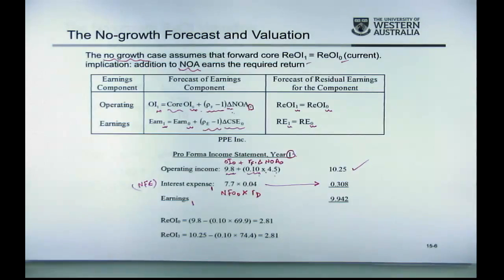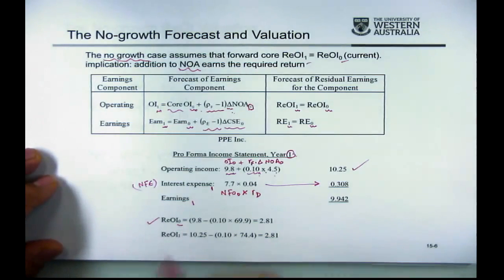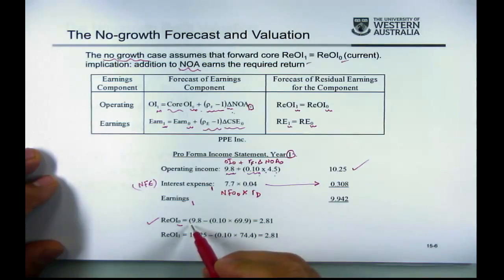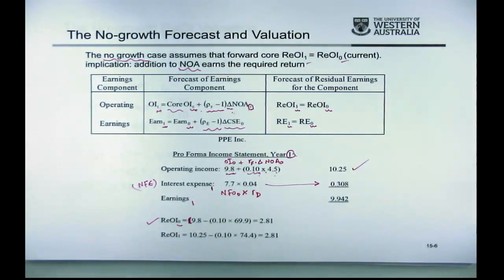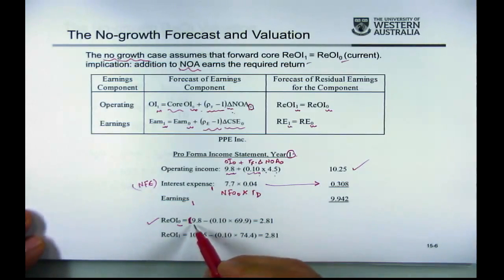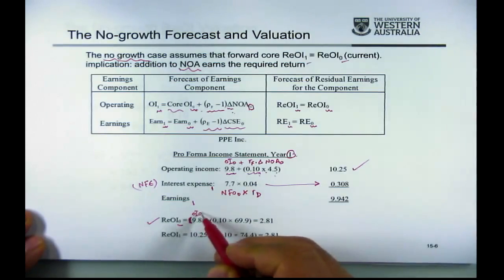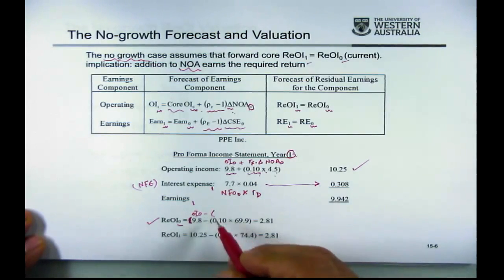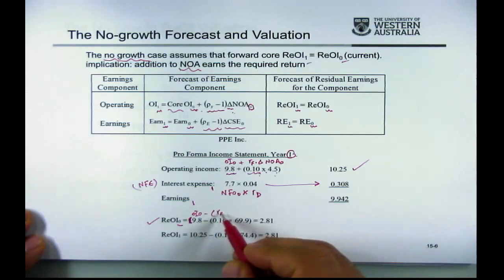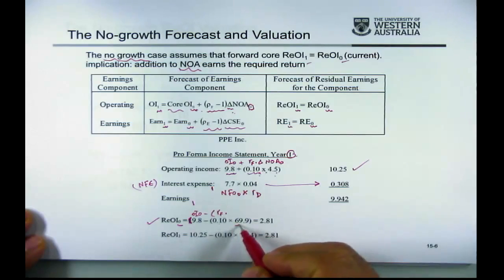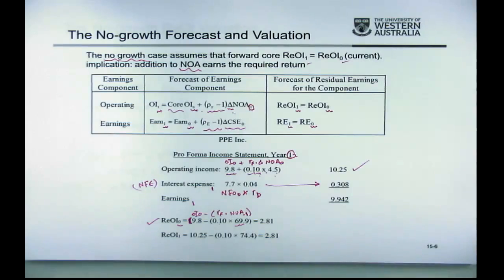Now, if we calculate the residual operating income at time zero, the residual operating income in year zero is equal to operating income in year zero minus the product of the cost of capital and the net operating assets at time -1. -1 means former year.